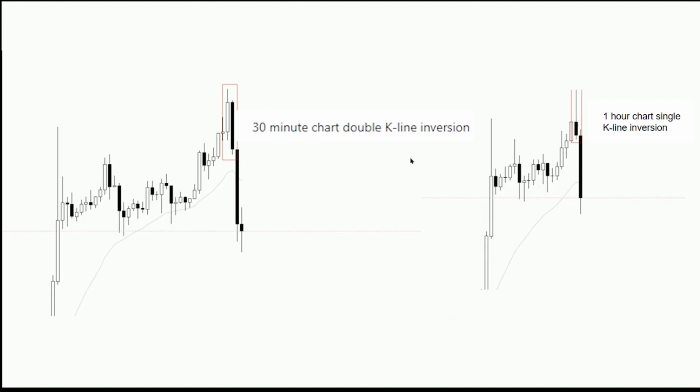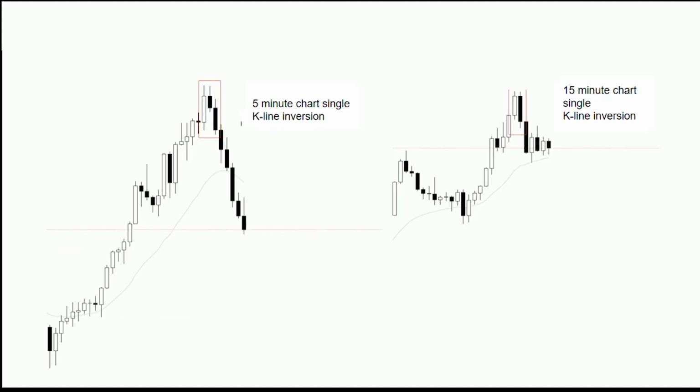So all reversals, as we said before, are a tidal wave followed by a contrarian break. When you understand that, a 5-minute K-line reversal is a 15-minute double K-line reversal, and even at a higher level it's a single K-line reversal. They all represent the same kind of movement in the market, so you have to understand that.